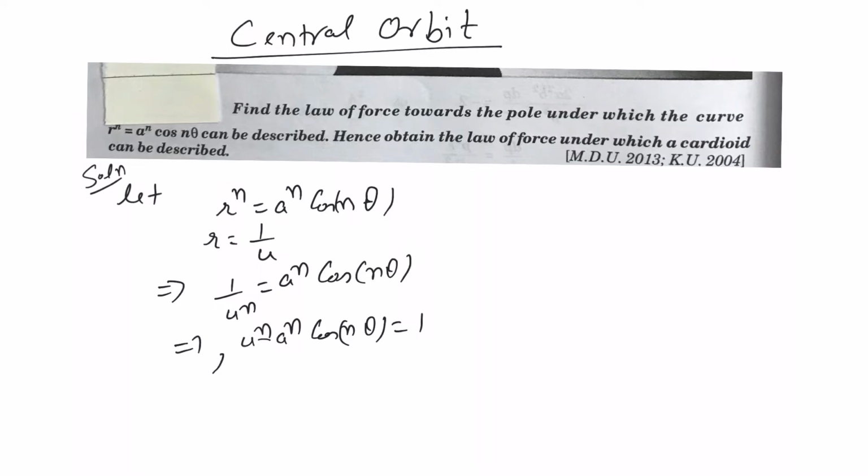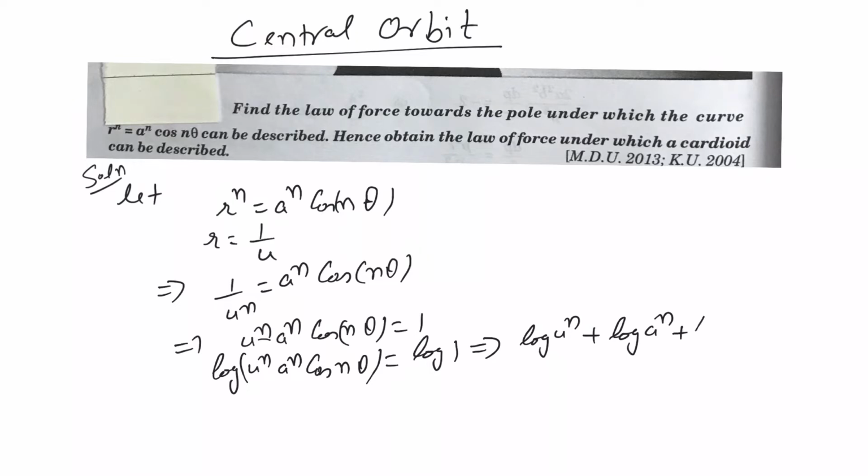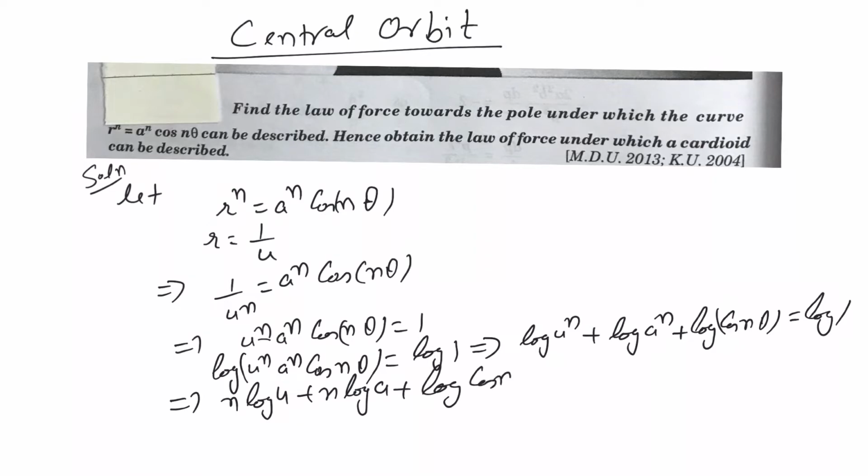We have log(u^n a^n cos nθ) = log 1, implies log u^n + log a^n + log cos nθ = log 1. This implies that n log u + n log a + log cos nθ = log 1.